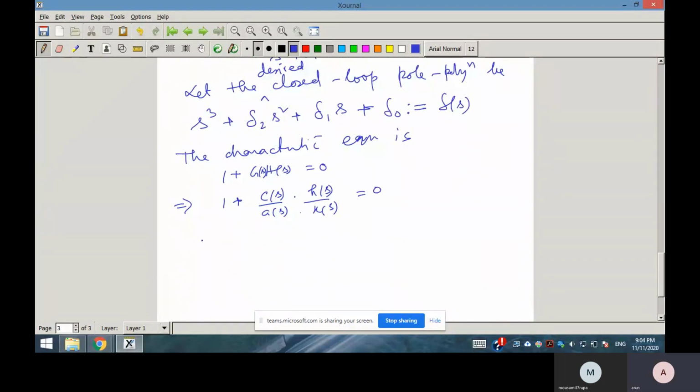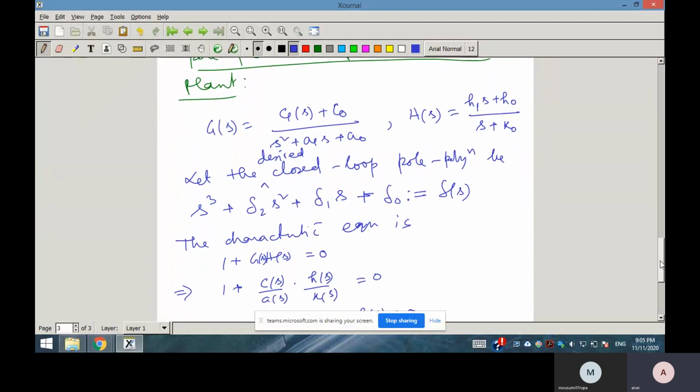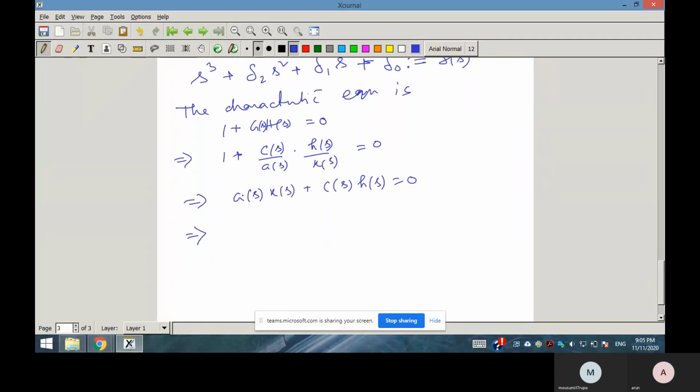This is equal to 0. So this implies A(s)K(s) plus C(s)H(s) equal to 0. Now A(s) is s square plus a1 s plus a naught. K(s) is s plus k naught.